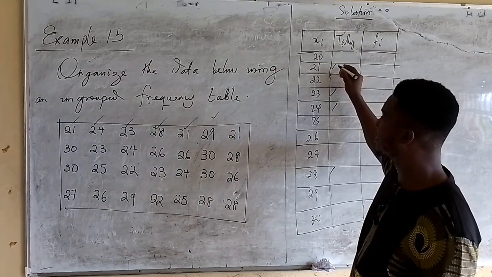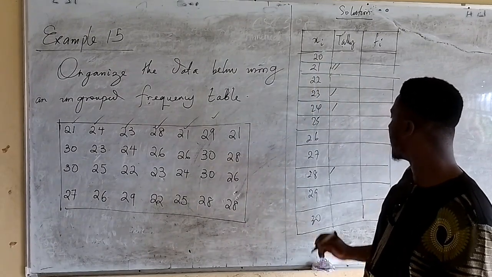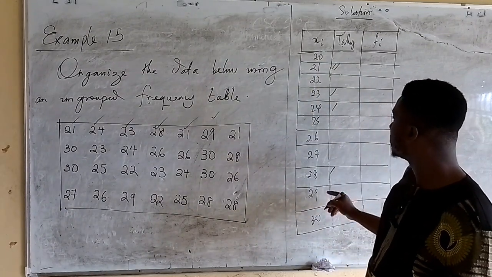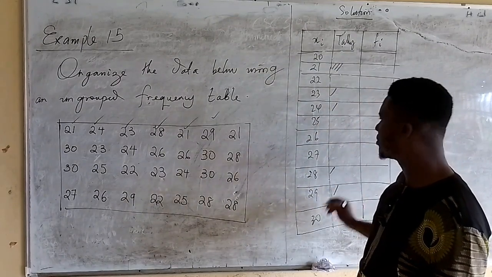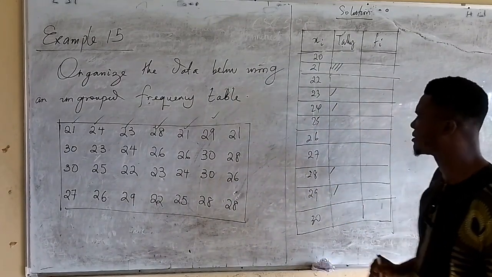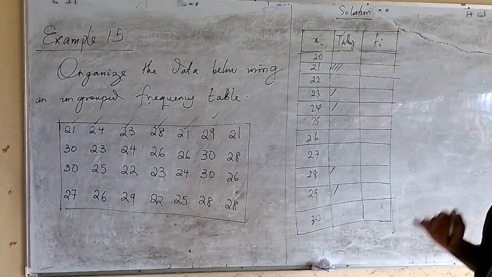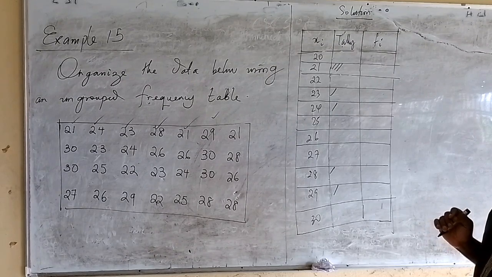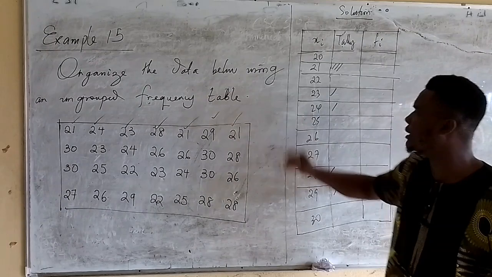So 21 is 2. Thank you very much for that observation. 29. 21 again. Did we skip 29? I hope that's complete now. So we have 21, 24, 23, 28, and 29. We've taken this 21 already.